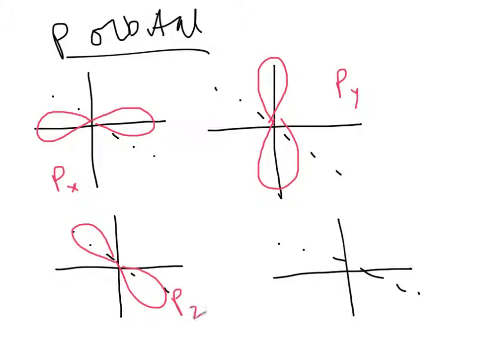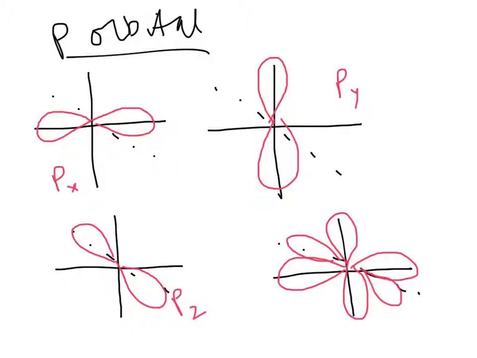We'll draw that. And then if we put them all together, we have our p sub x. I might have to squish these in. P sub y, and then our p sub z going into the page and out of the page. And so this would be our p x, y, z orbitals. Okay, good. Let's move on.